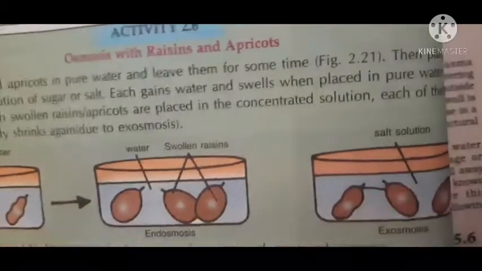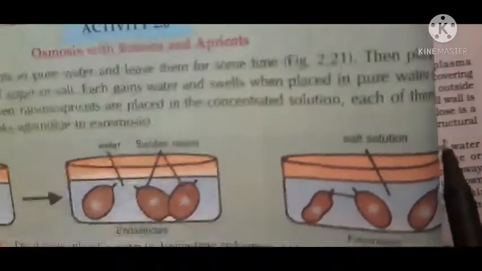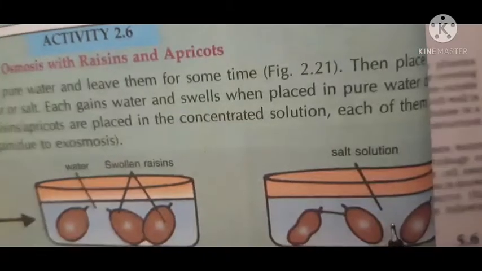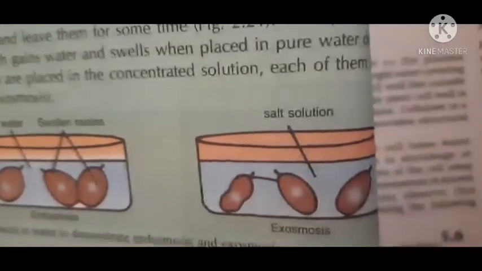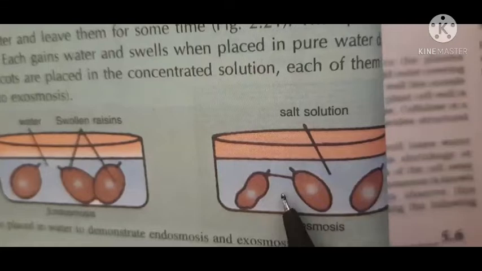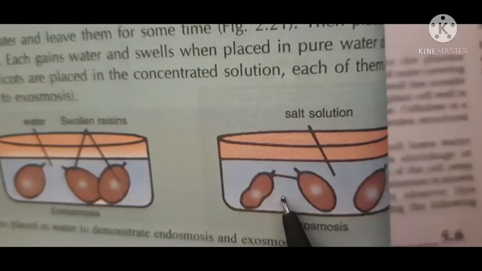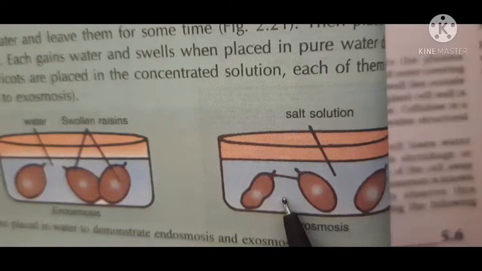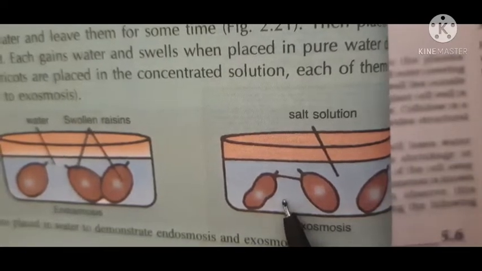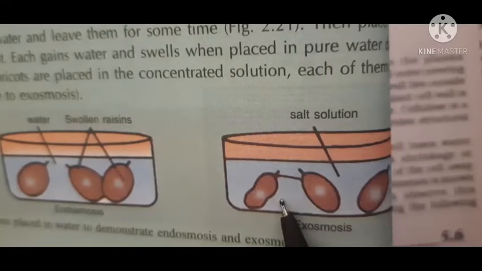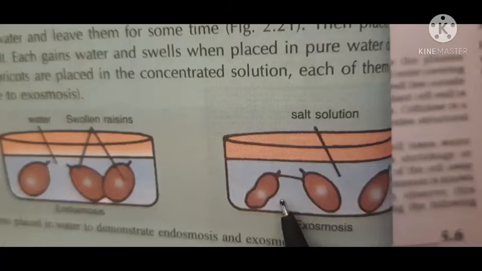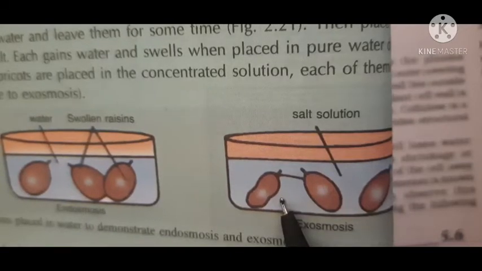Now when the same raisins are put in a concentrated solution of salt or sugar, let us take the case of a concentrated solution of salt. What is a solution? When we mix salt in water, the salt is uniformly distributed in the whole of the water. So a concentrated solution of salt means that the amount of salt is more.